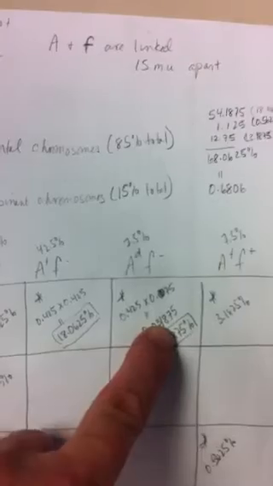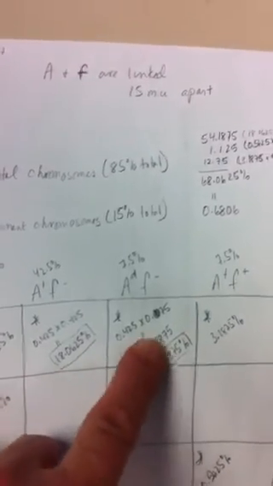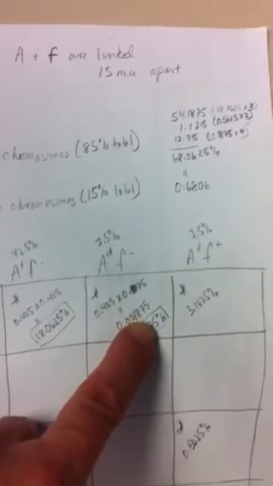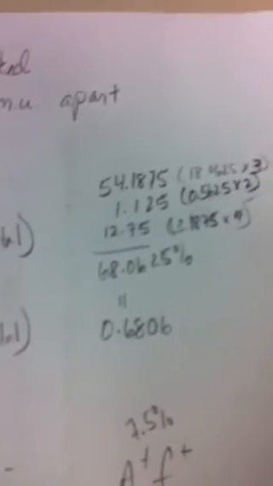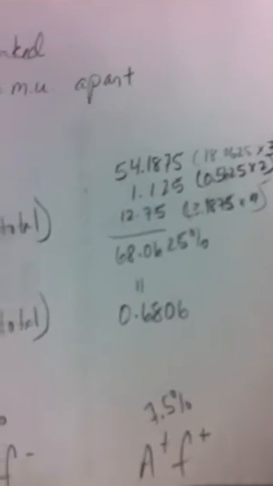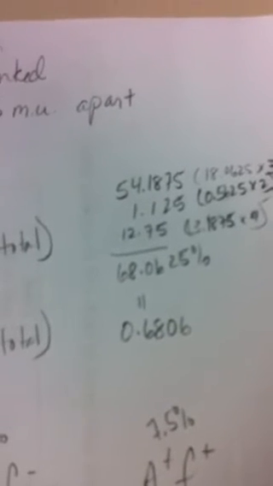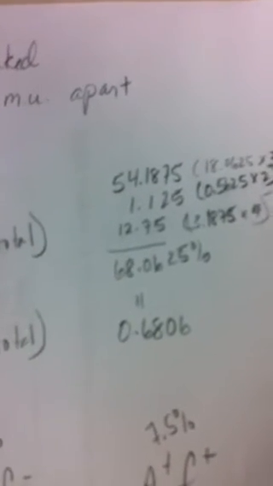I did the same for this one, which is multiplied by 4, because I see that in the Punnett square with these gametes four times, and then I have this one twice. And then I get this number that is 68.0625, which is equal to the frequency of 0.6806, or something close to that.